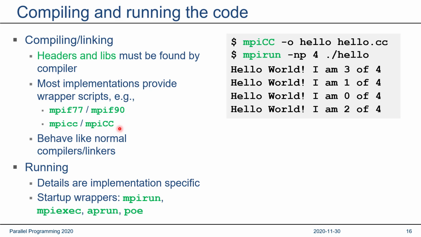documentation is your friend. I'm assuming here that we're on a standard cluster with, for example, a free implementation of MPI, OpenMPI, where the C++ MPI wrapper is called mpiCC. We use it like a normal compiler, so our code from the previous slide is just compiled with mpiCC -O hello hello.cc, and then we run it with mpirun.